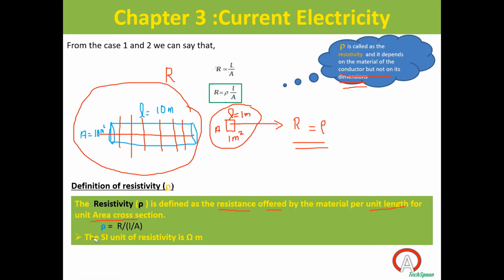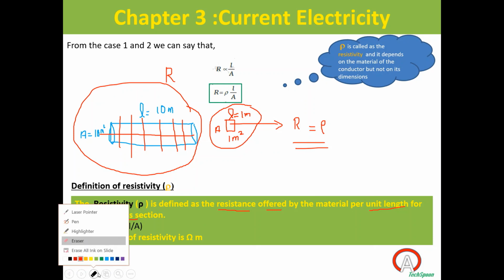I told you resistivity does not depend on the dimension. Dimension means length and breadth. Why? That is constant for resistivity. Length is 1 meter and area of cross section is 1 meter square. That is not going to change. So that's why it does not depend on the dimension.